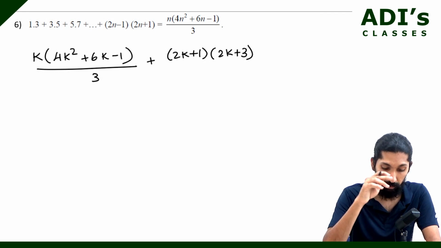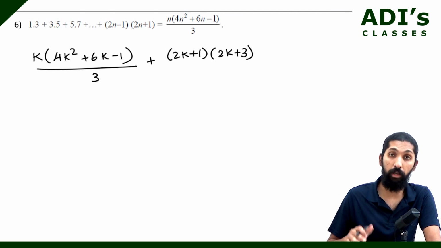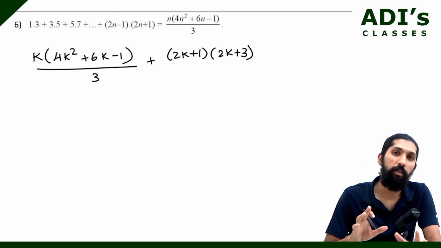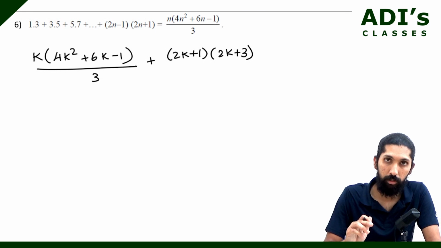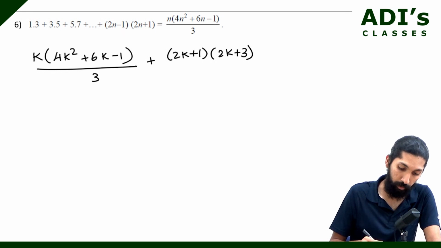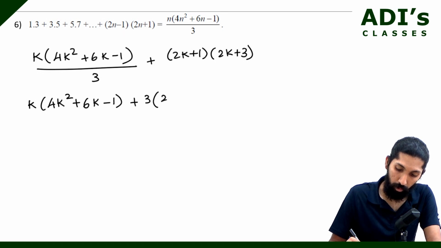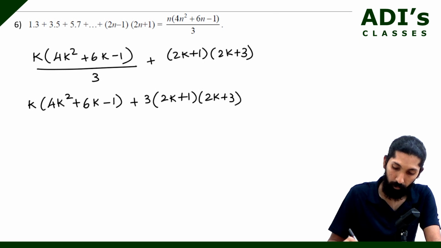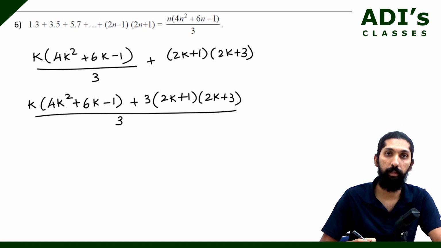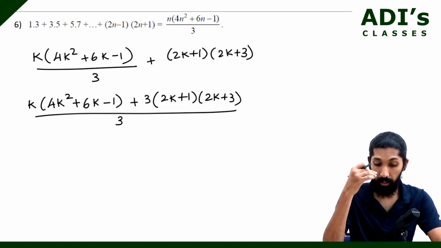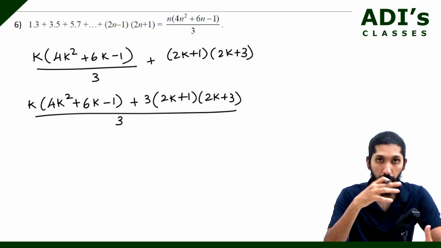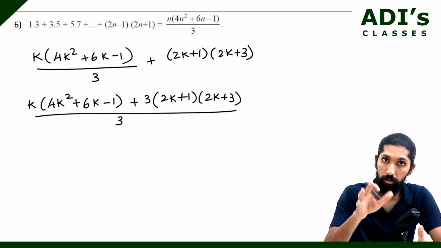I don't see that you can use the quadratic formula if you want, but let's not complicate things so much. So what do we do here? K into 4k square plus 6k minus 1 plus 3 into 2k plus 1 into 2k plus 3 whole over 3. Correct? See here you can actually take up the product and you can try to add them. That will also work. Okay?